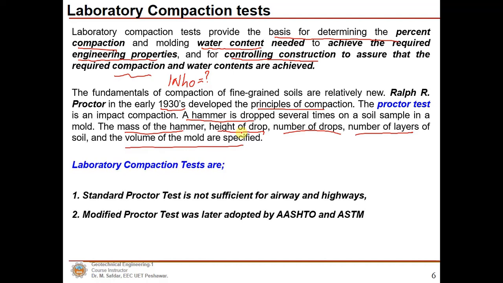So there are two laboratory compaction tests. One is the standard Proctor test, which is not sufficient for airways and highways. There is another test, the modified Proctor test, which was later adopted by AASHTO and ASTM.